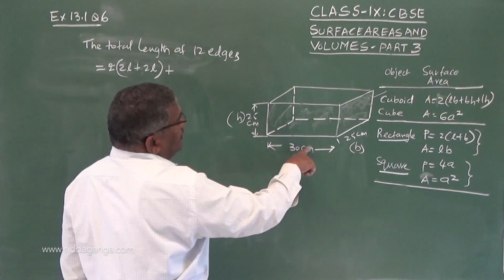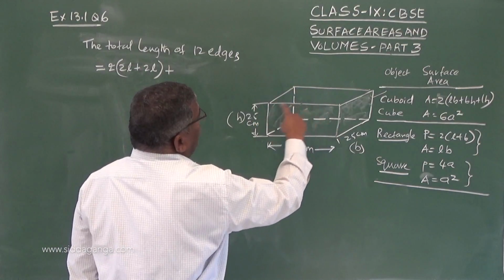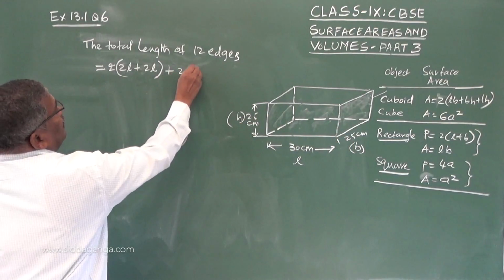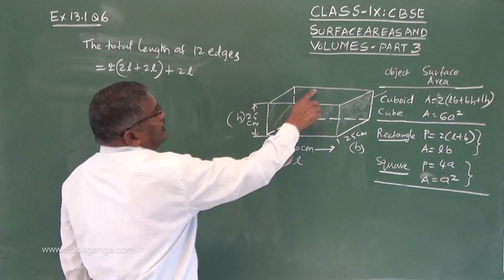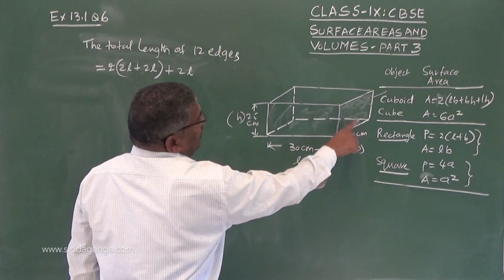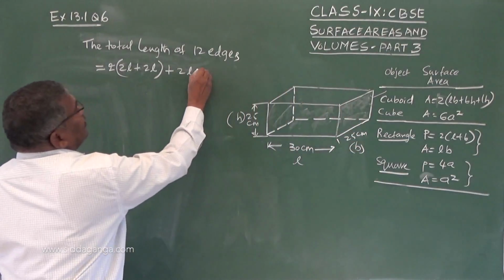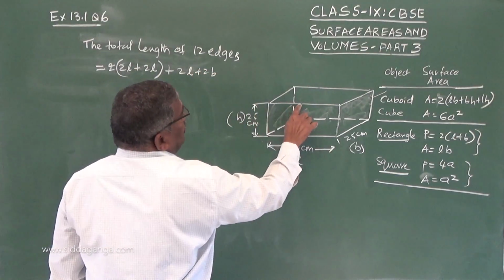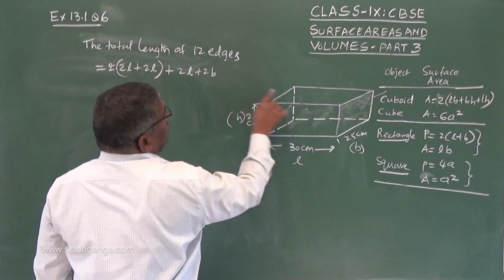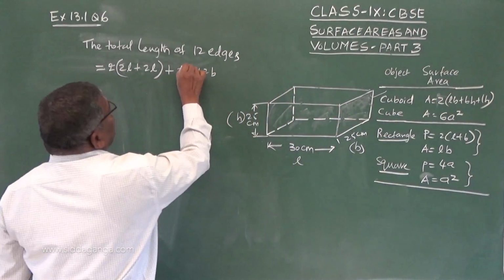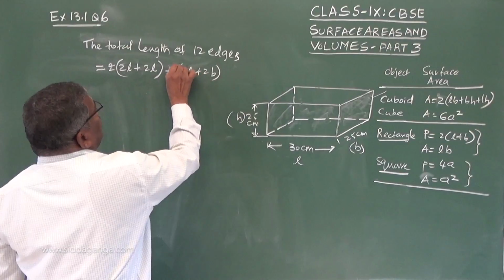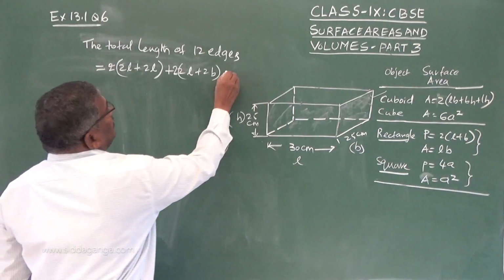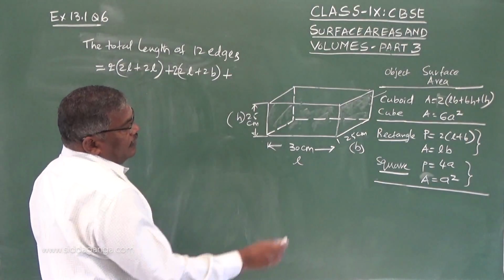For the top, this is L and B, so 2 times L and 2 times breadth. This is for the top, and the bottom I will add one more, plus sidewise.